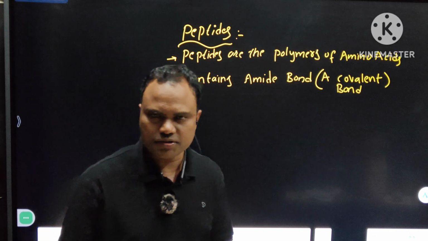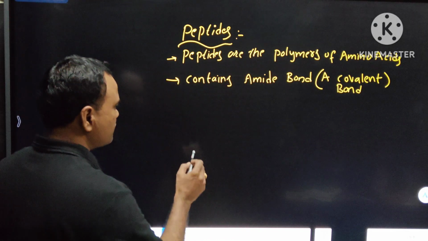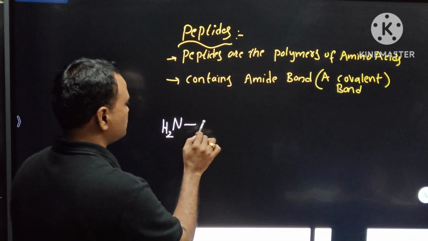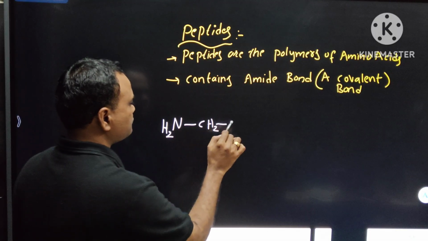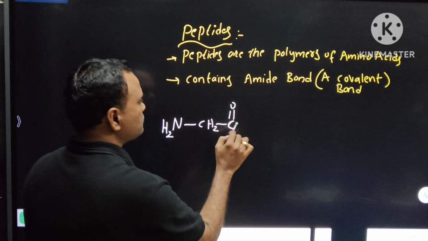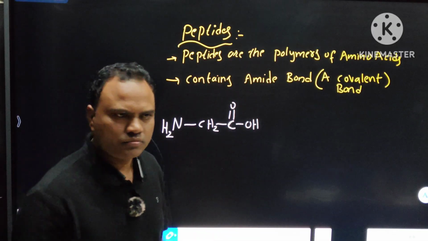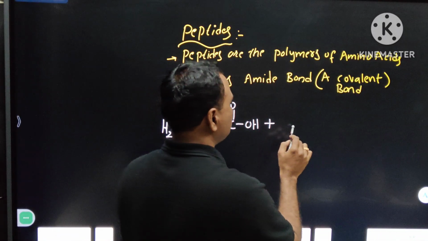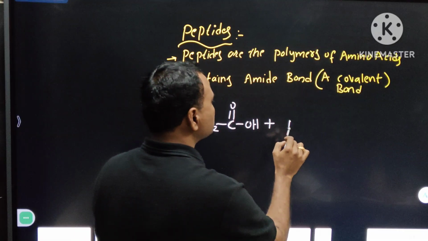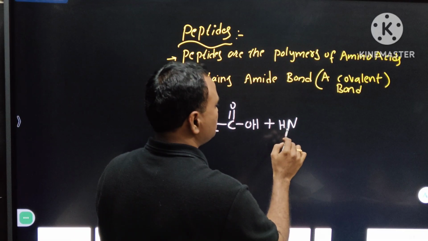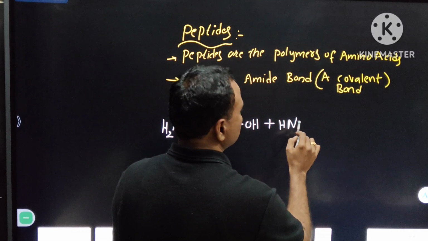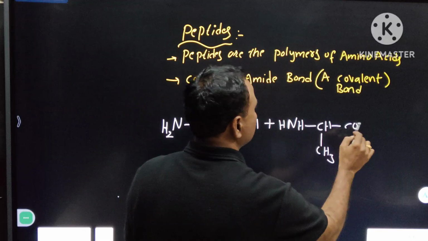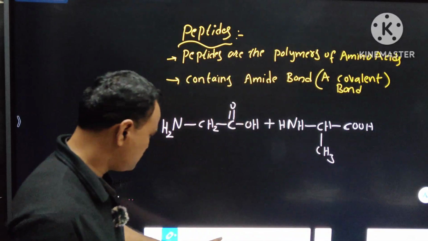I am taking two amino acids. One is glycine and one is alanine. What is the structure of glycine? C double bond O. This is glycine. This is alanine.